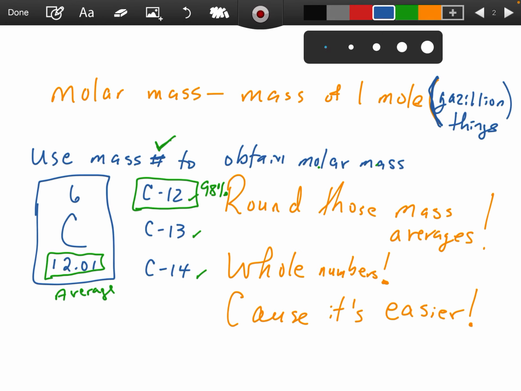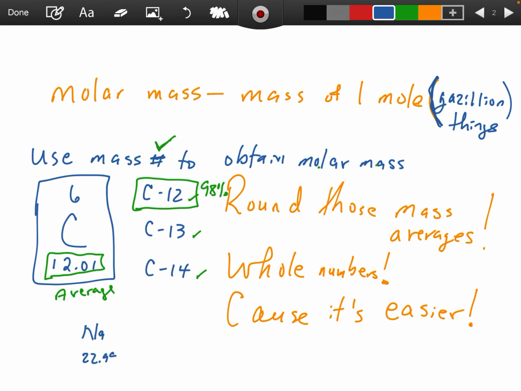If you were to look at sodium, if you were inclined to make sure that you understand this, take 5 seconds to find sodium, number 11. Some sodium atoms are 23, some are 22, and some are 21. Most are 23.